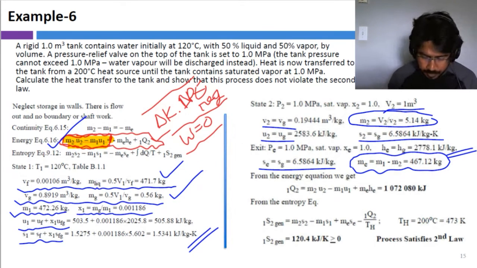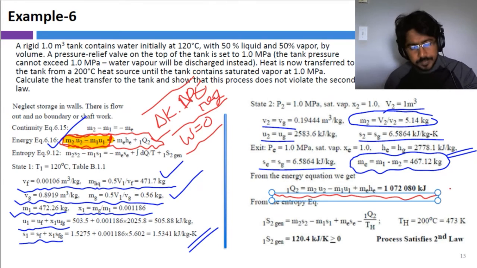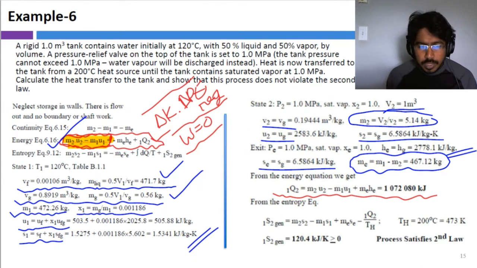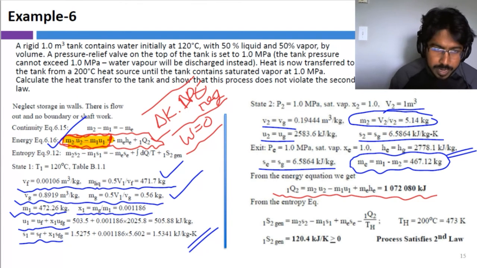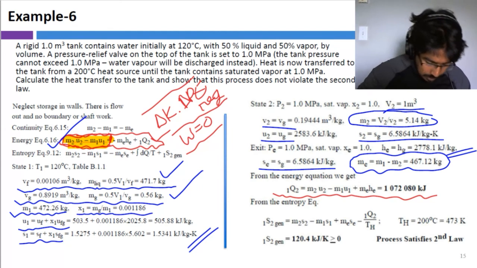So now, after finding the property values, we can substitute those numbers in the first law equation to calculate the heat transfer amount. After doing that, we have to use the entropy balance equation to calculate the entropy generation, right?